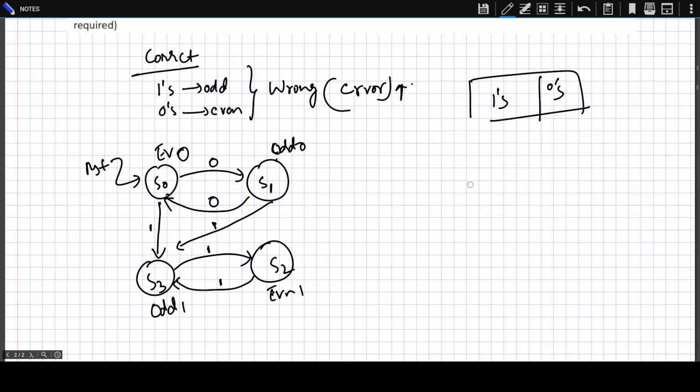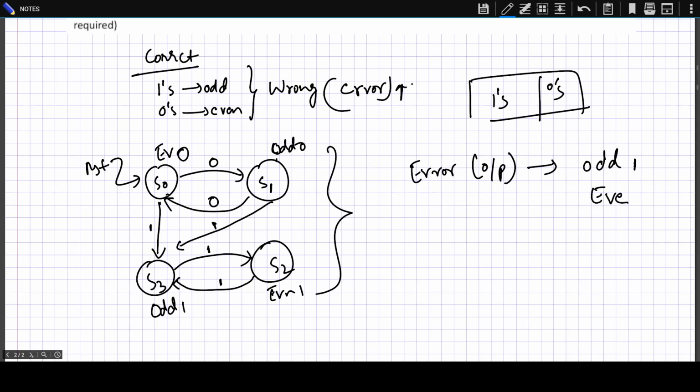Now the error signal is asserted high. The FSM is complete right now, and we would test its functionality by giving some random inputs. The output is the error signal, which is asserted high whenever the FSM is in the odd zeros state or the even ones state, which is what we don't want.